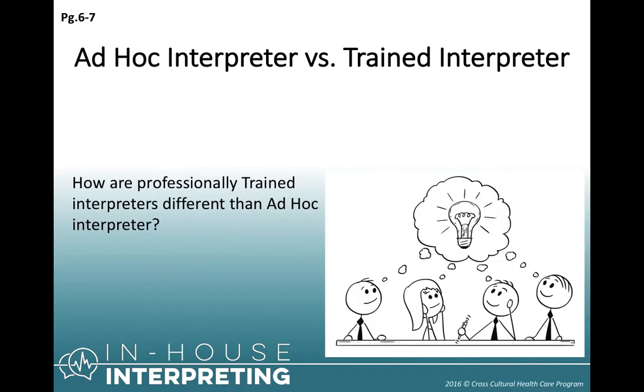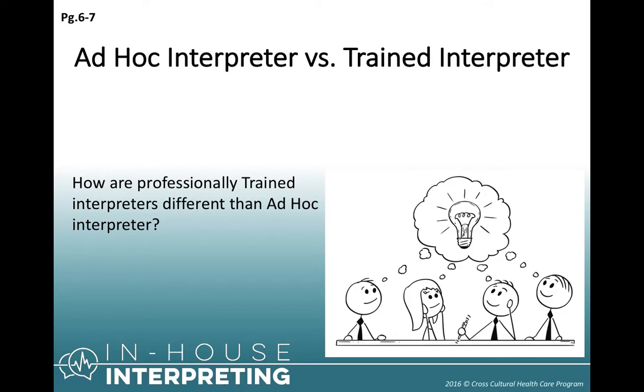Now, there's a difference between an interpreter who's trained and one who's untrained. An interpreter who is untrained is known as an ad hoc interpreter. If you've ever interpreted for someone, a family member, or maybe volunteering at a clinic, you were considered an ad hoc interpreter, someone who is filling a role as an interpreter but who is untrained.